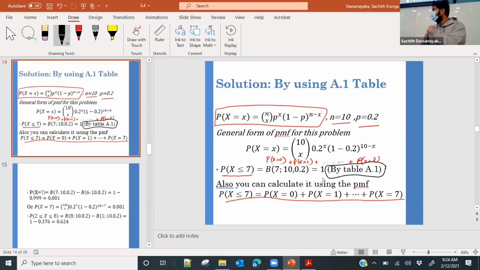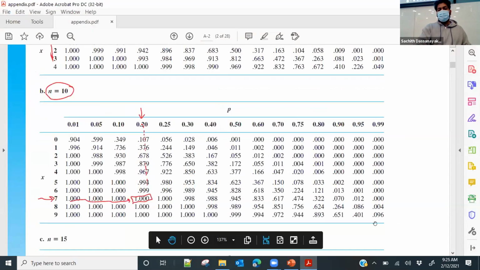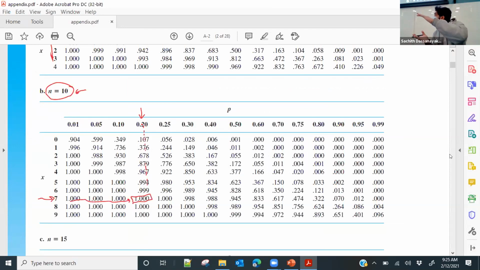But you have to be careful with these numbers. First, go to that number and locate that particular table, then find the values. You don't have to worry about how these values were obtained.